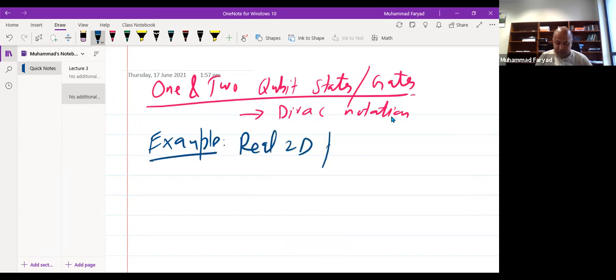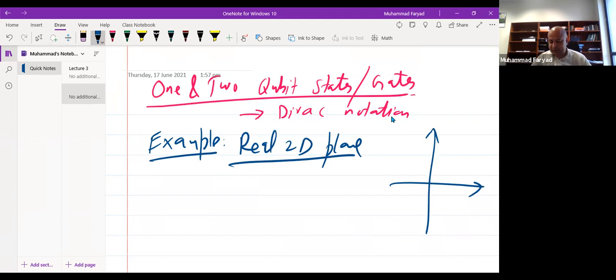So a real plane is a very simple system that most of you are hopefully familiar with. It has an x-axis and a y-axis. So if we have some vector A, we can represent this vector in component form using, let's say, unit vector i and unit vector j.